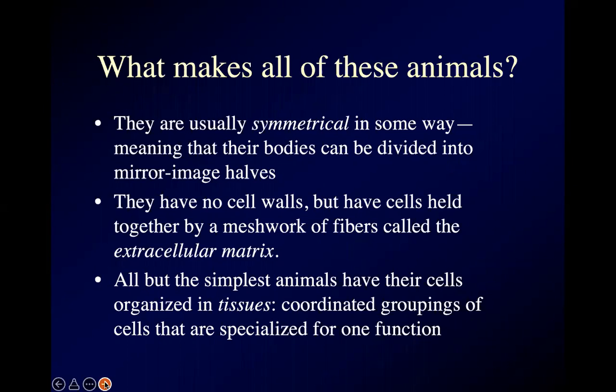And then all but the very simplest organisms have their cells held together both by special structures in the cells and also by the extracellular matrix to make these coordinated groupings, often but not always shaped like sheets, called tissues. And tissues are specialized for one particular function. We'll talk about the major types of tissue, if not today, then we'll pick it up on Monday.